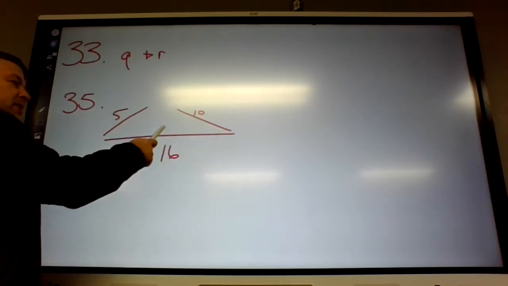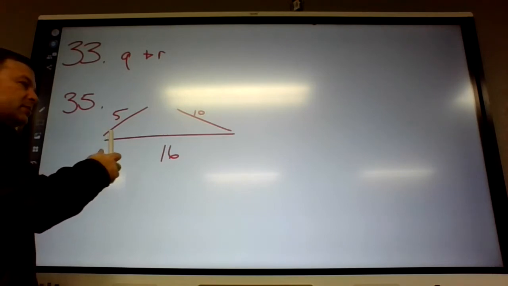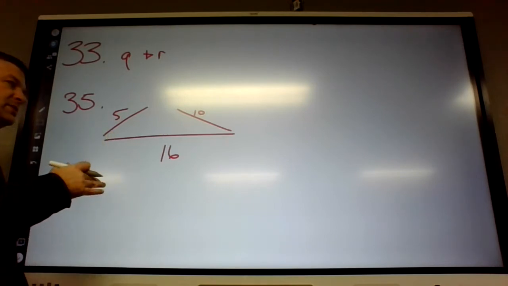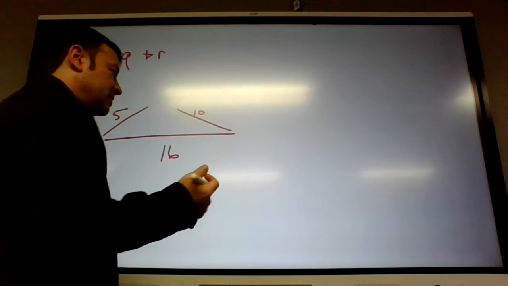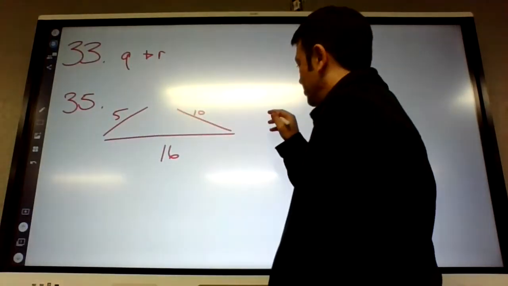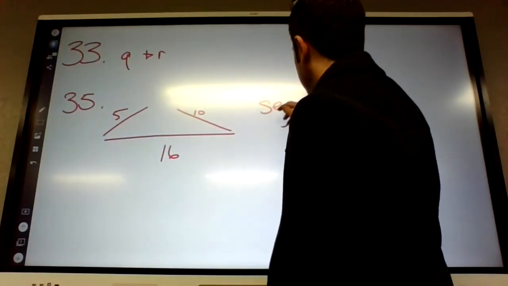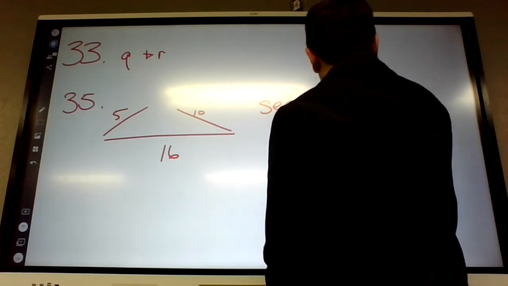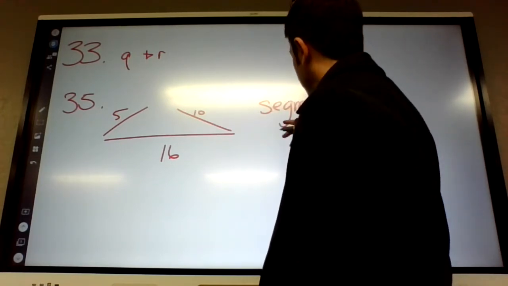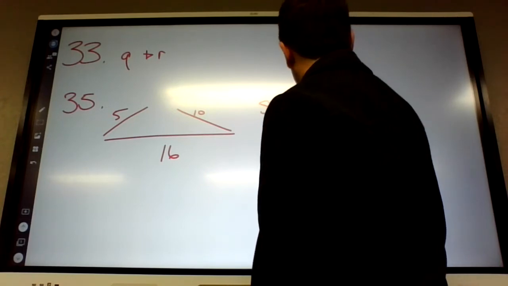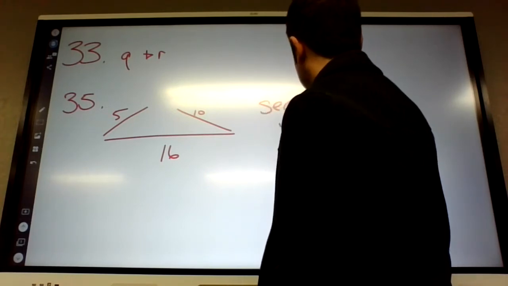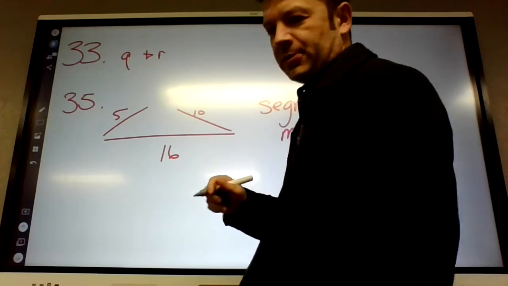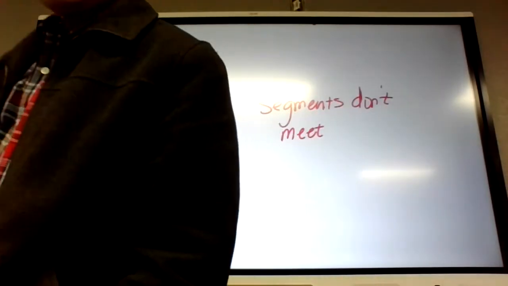They wouldn't be able to stretch across the 16. So, are they collinear points or do they not meet? Segments do not meet. Any two sides of a triangle have to add up to more than the third side of the triangle. Segments don't meet. Yeah, that's how they said it.